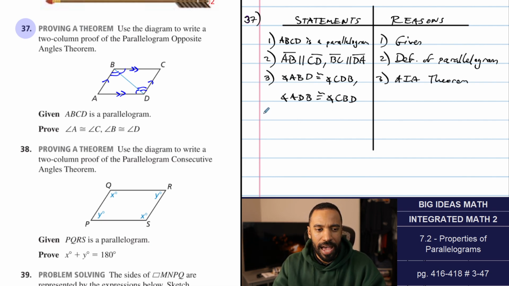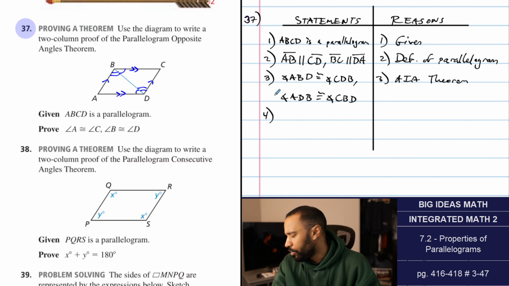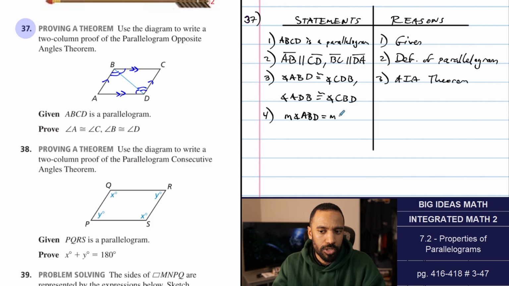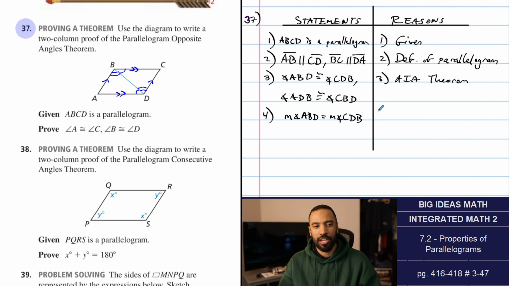That also means we have equal measures. Now, I don't know if what I'm going to do is going to be called a substitution here eventually. I guess it will. I want to say that the measures of these guys are equal now. ABD is equal to measure. I feel like I shouldn't have to do all this to prove those angles B and D congruent.